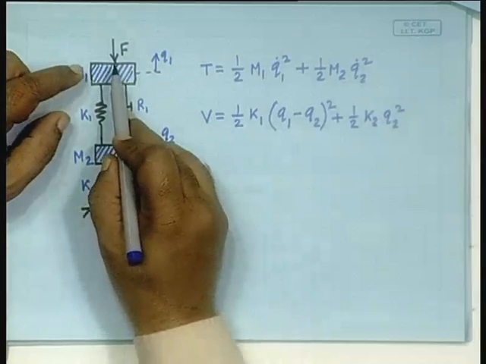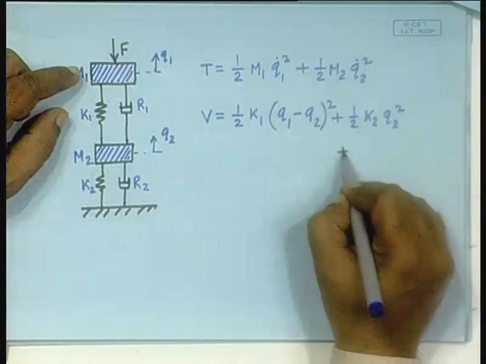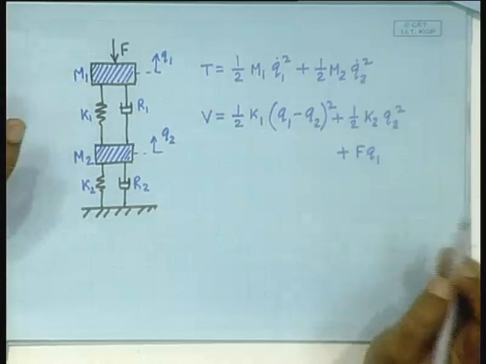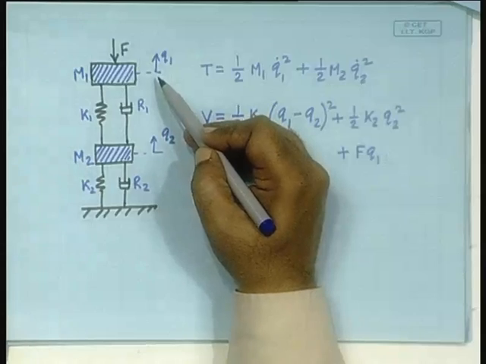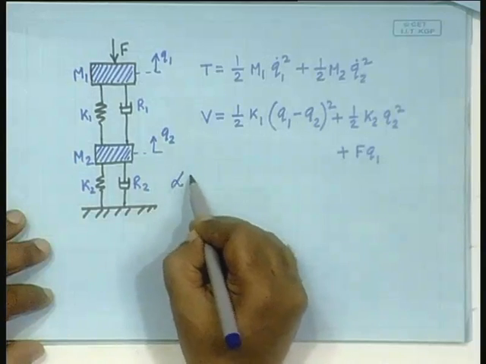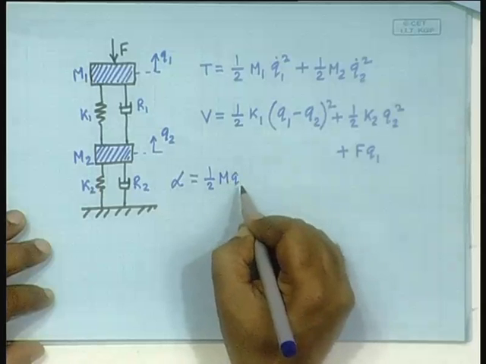Now, here you see q1 is up and f is down. So, we will say plus, no, just q1 is acting in the direction of q1, right. Then your Lagrangian becomes, I will just quickly write so that we can differentiate first. What I will write?